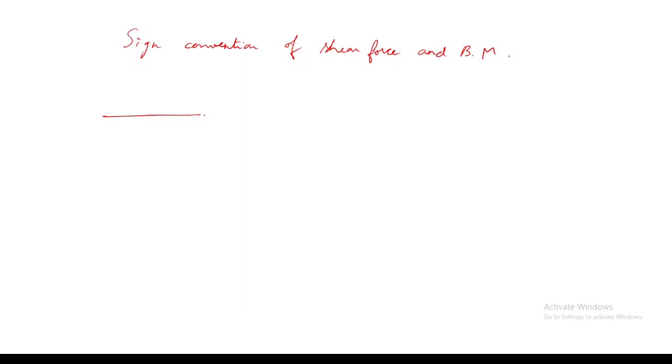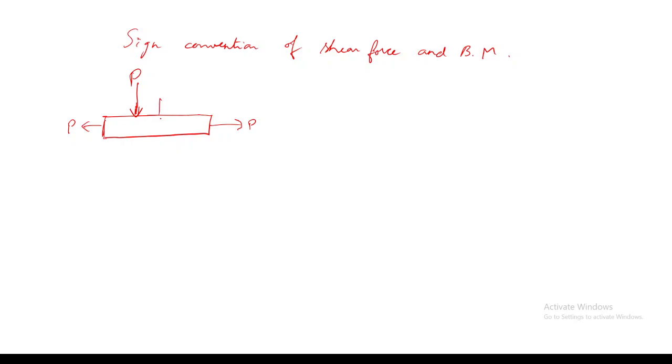For example, this is a bar of circular cross section of diameter D. What is this load actually? This is an axial load, tension. If you apply a load which is perpendicular to any cross section, then this is termed as a shear load.